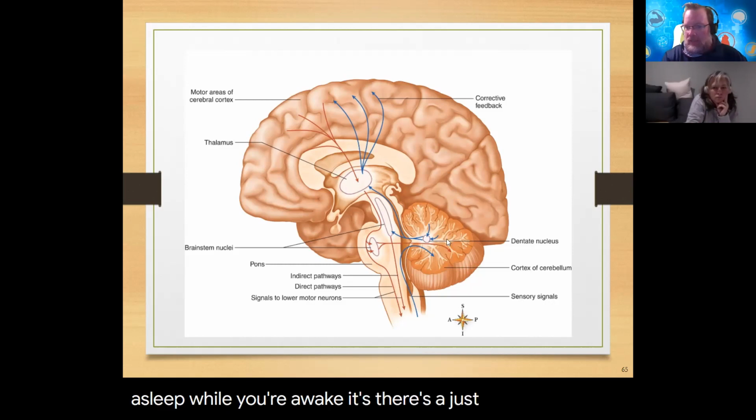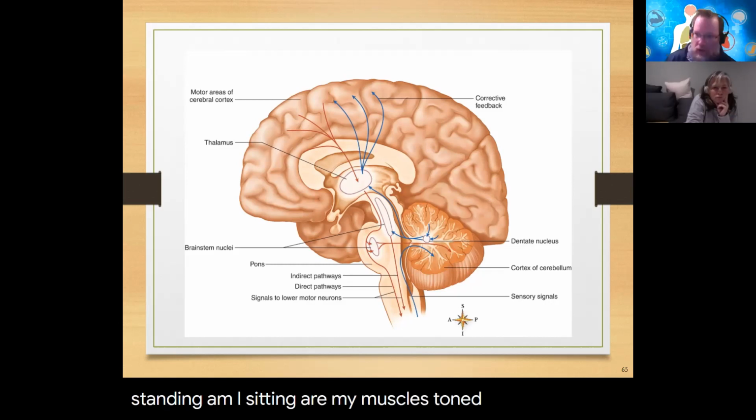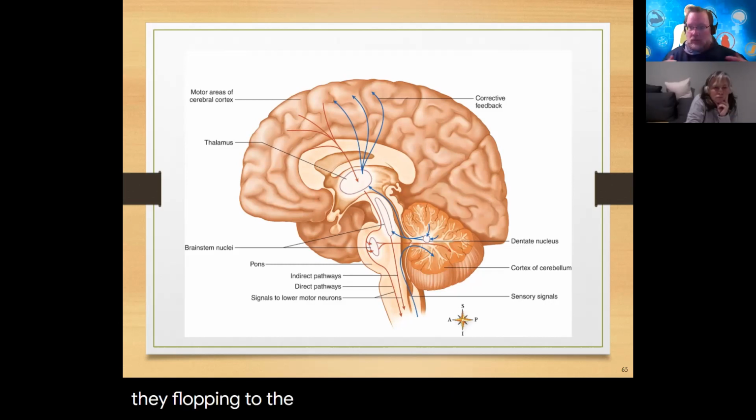There's just this constant flow of sensory information coming up, and it all relates to proprioception. It's just your body communicating with the outside world. Am I falling? Am I standing? Am I sitting? Are my muscles toned? Are they flopping to the ground? Because we always want to keep some sense of tone to the body, and so that's all unconscious. The brain isn't thinking about this. We would never get anything done, right?